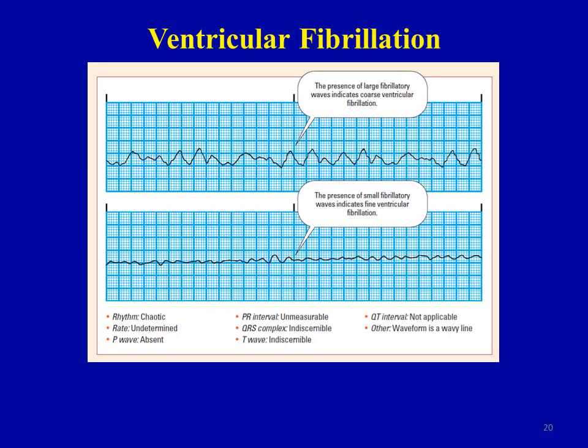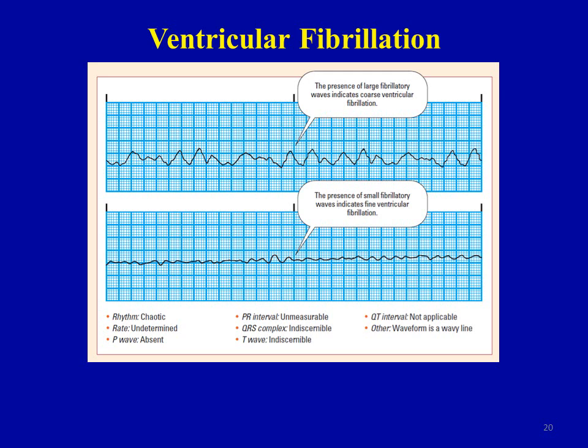And now let's talk about ventricular fibrillation, which is the most serious type of arrhythmia in general. It is the most serious of all the ventricular arrhythmias, and also the most serious of all types of arrhythmia.